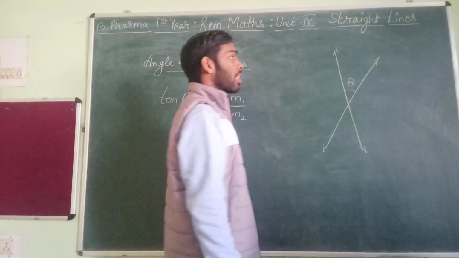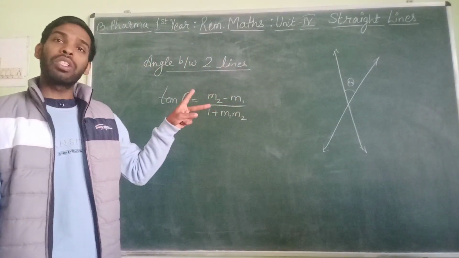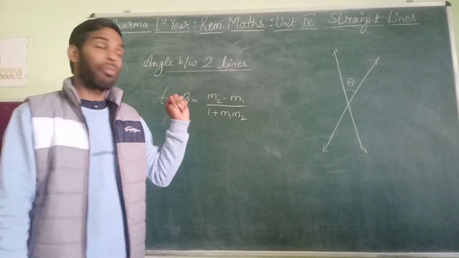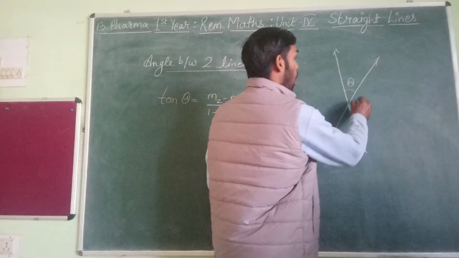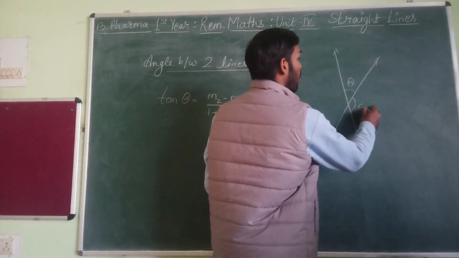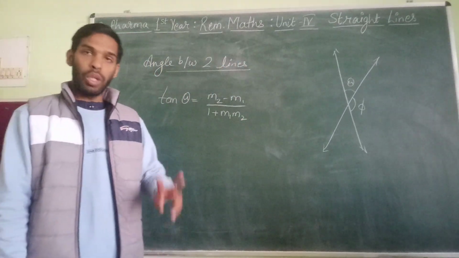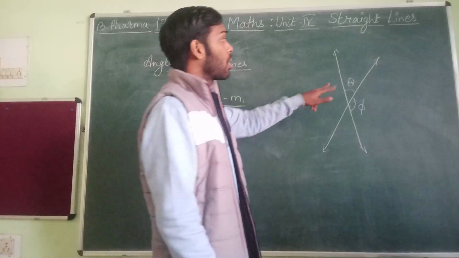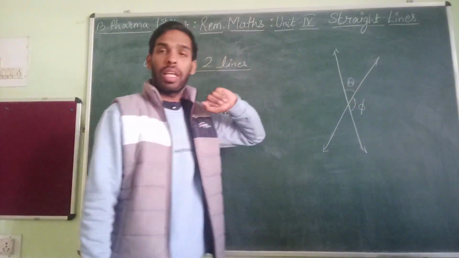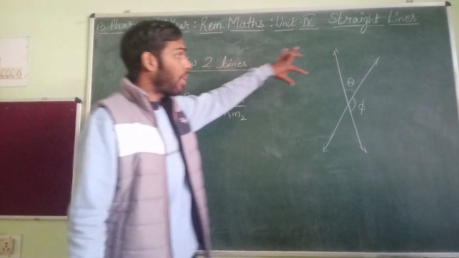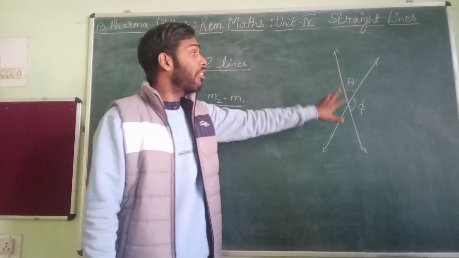Now one more thing, let's see. In between these two lines, the angles can be in two ways. Either this can be theta, or this angle can also be there, which we generally denote by phi. ठीक है, दो लाइंस के बीच में एंगल दोनों तरीके से हो सकता है. ये वाला एंगल भी हो सकता है, ये वाला एंगल भी हो सकता है. ठीक है, तो इस एंगल से जो हम लोग फाइंड करते हैं थीटा, तो ये वाला एंगल कितना हो जाएगा?